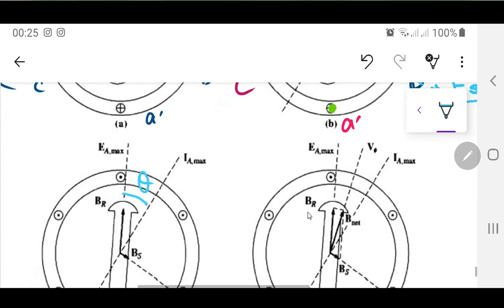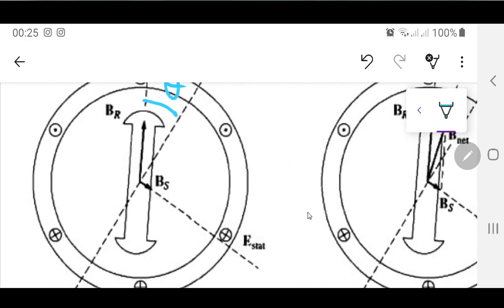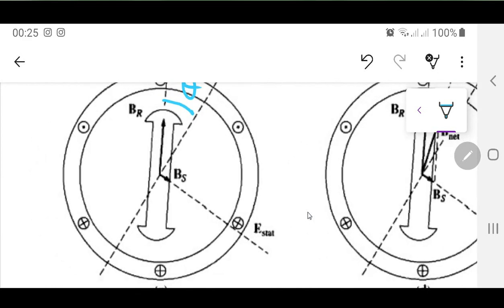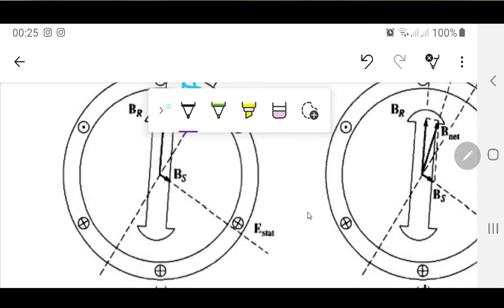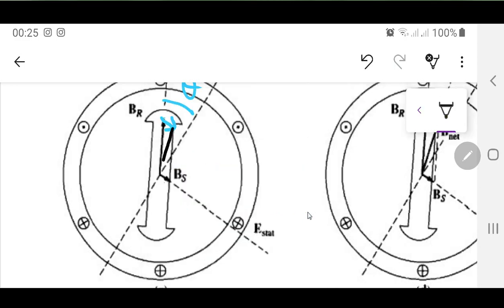Reason over here, very important one, because there is an air gap. From the stator, the magnetic field has to reach the rotor, and then it has to distort the main magnetic field, BR. So this BR and this BS, this BS vector, when it is going to be placed here, and then if I make it for the other direction, this one would be my B net over here.